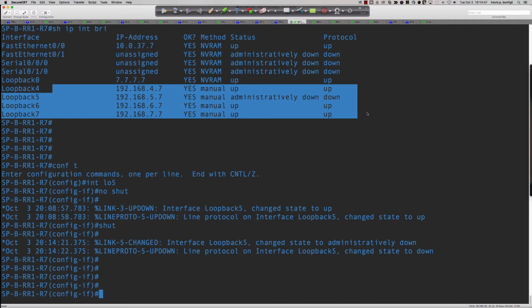The major benefit of summarization is that it limits the size of the query domain. Remember the queries we just talked about, right? We saw that router 7 sends a query to 3 saying, hey, I don't know how to get there anymore. Do you have a way to get there? And then 3 sends it off to 12.